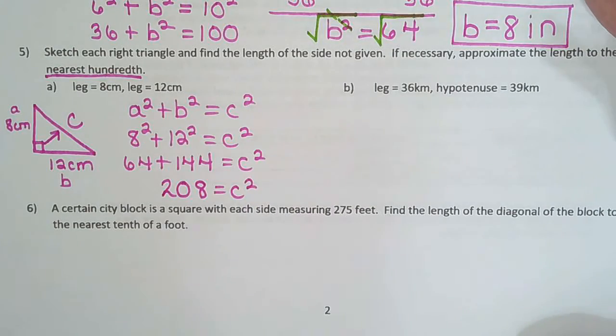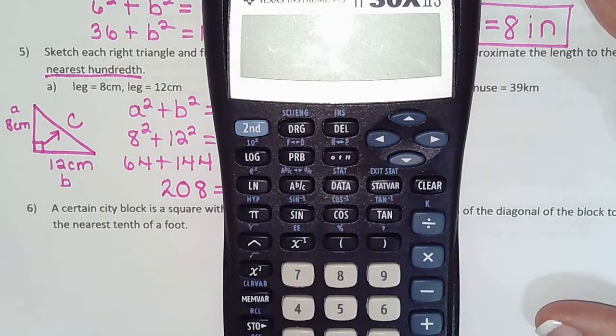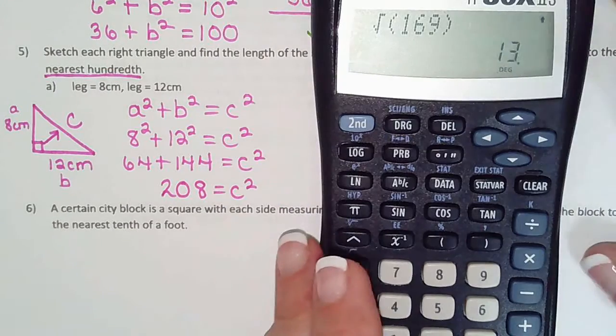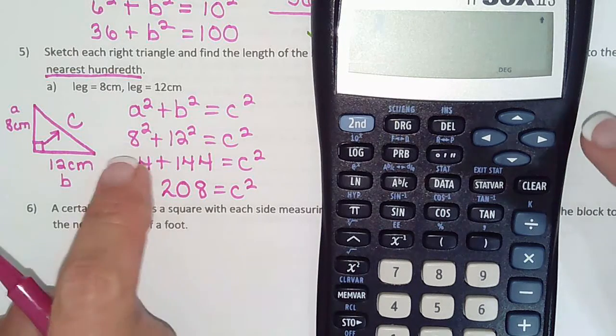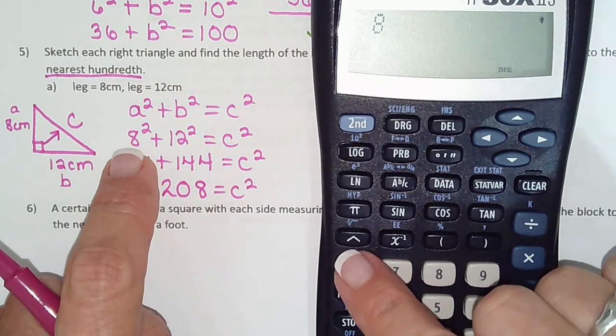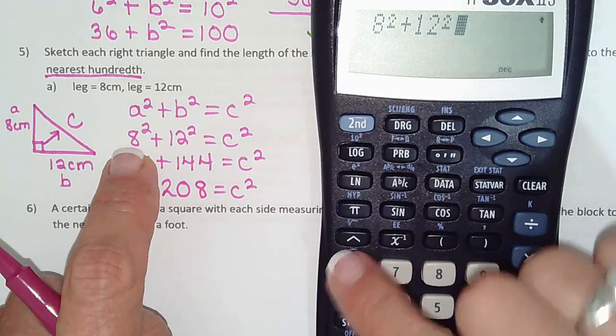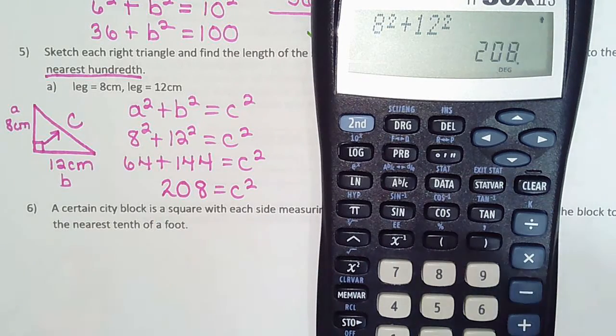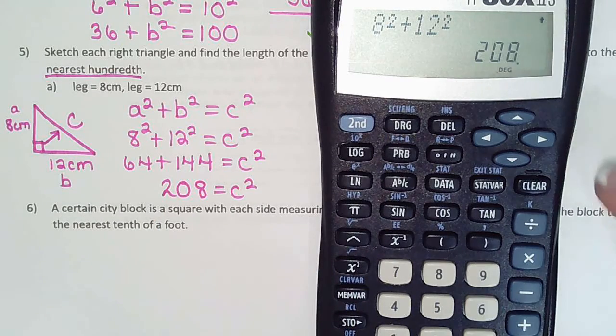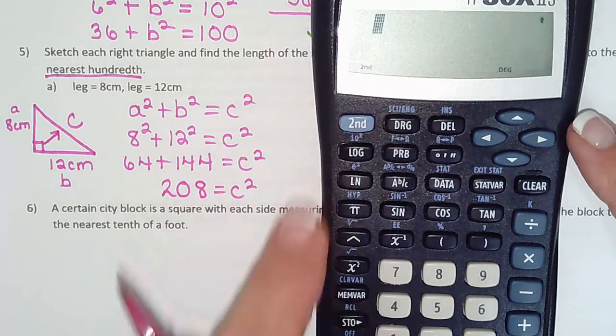And that is not a perfect square. I'm going to just verify my work here. So how I can verify it is I can do 8, hit the squared button, plus 12, hit the squared button, and see that it's 208. So let's check and see if 208 is a perfect square.